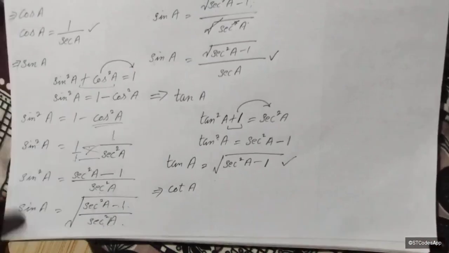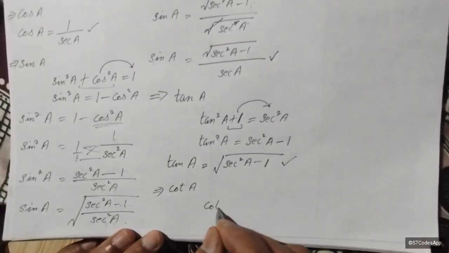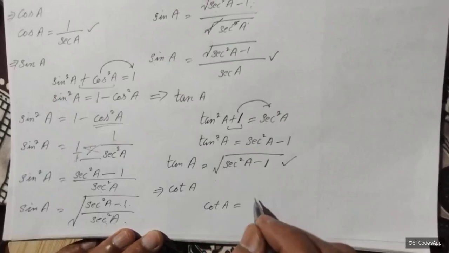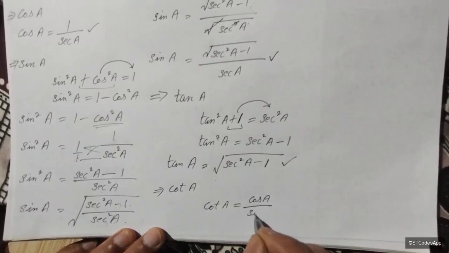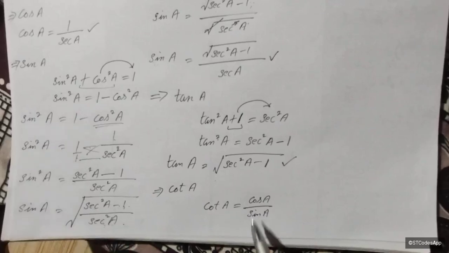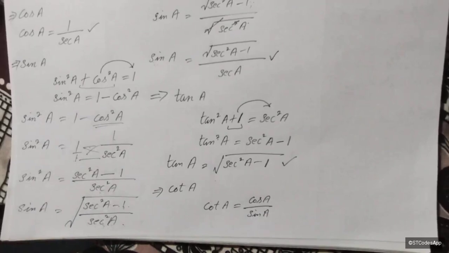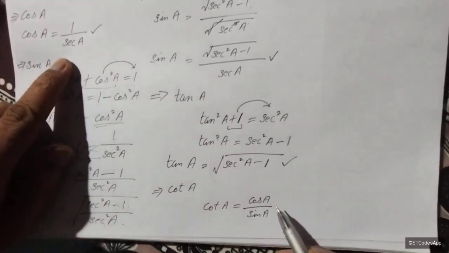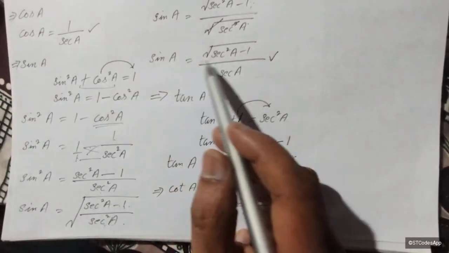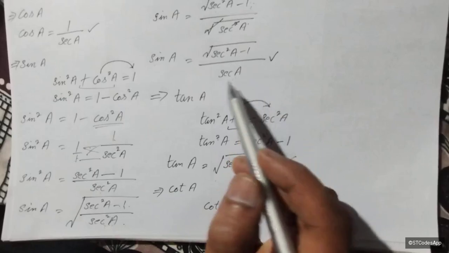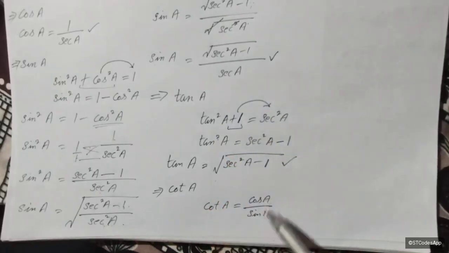We have the formula that cot A is equal to cos A divided by sin A. Now the value of cos A we have here, 1 upon sec A. The value of sin A also we have here, under root sec square A minus 1 upon sec A. We have to change that in the form of sec.